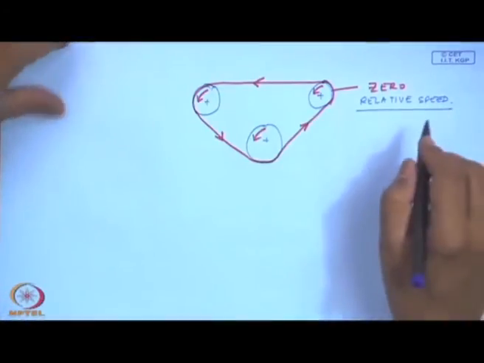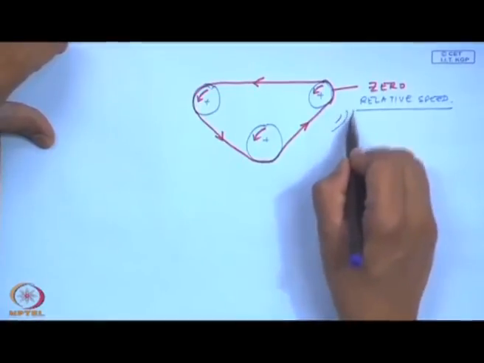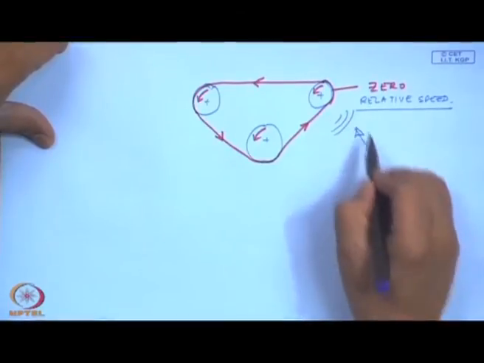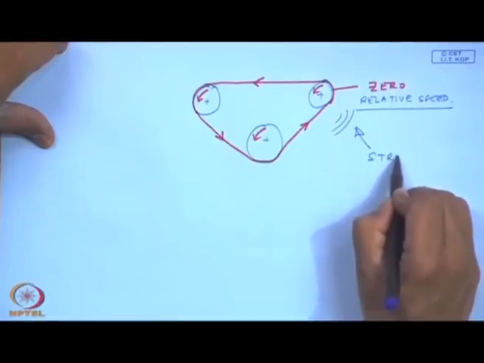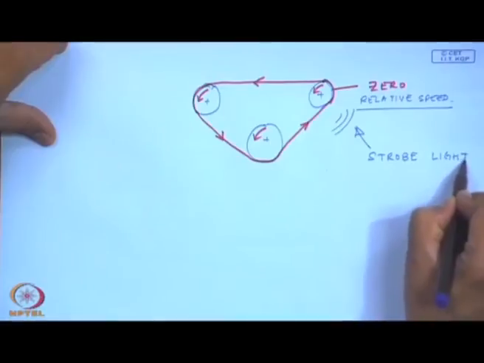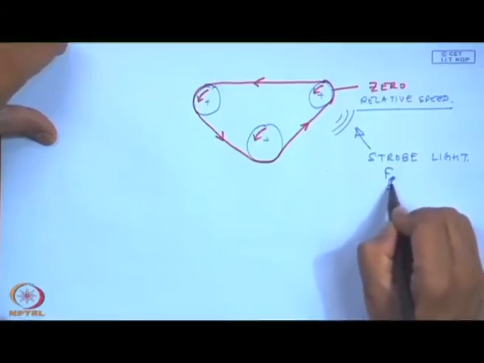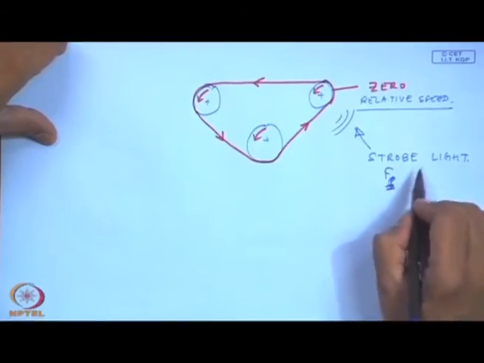Okay. And this can be very easily detected by what is known as a stroboscope, if you flash a strobe light. So, basically you flash at a frequency, okay, which is equal to the rotational speed.